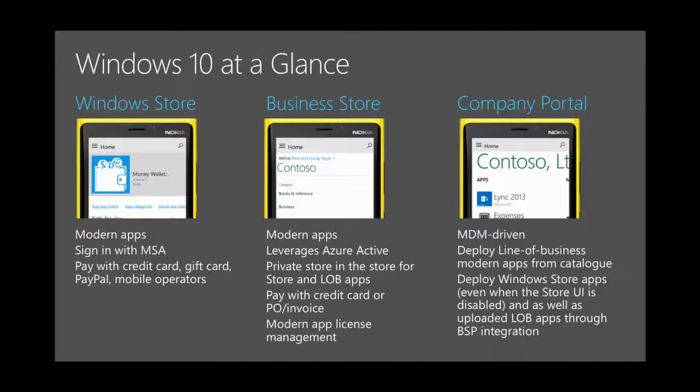So on Windows 10, how do you get apps on the device? Obviously, a user can still have their own device activated with an MSA, Microsoft account, and sign in with that MSA, go to the store and buy apps. Nothing changed there, basically. You can also do a company portal, again, an MDM controlled application that points to apps. They allow you to develop and manage your own apps, the life cycle of your own apps that you have developed.